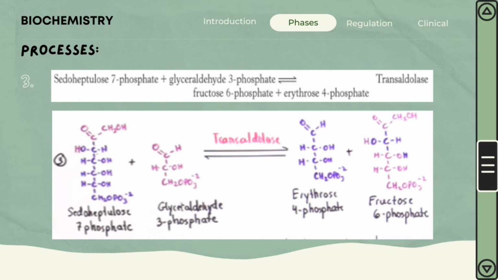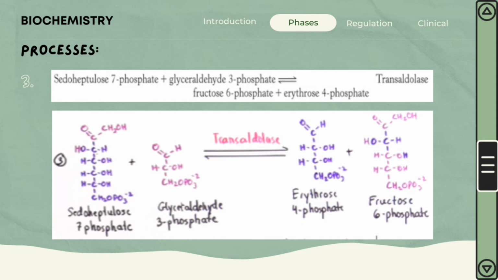So we transform the sedoheptulose molecule into erythrose 4-phosphate. So we take off 3 carbons from sedoheptulose, and so erythrose is a 4-carbon sugar, and then we place the 3 carbons into the glyceraldehyde molecule.